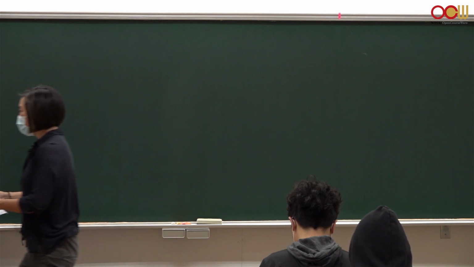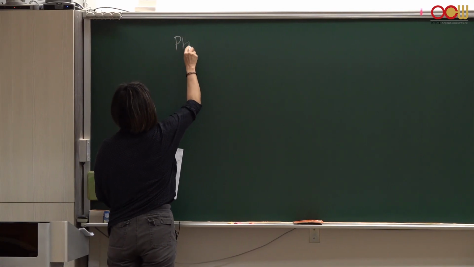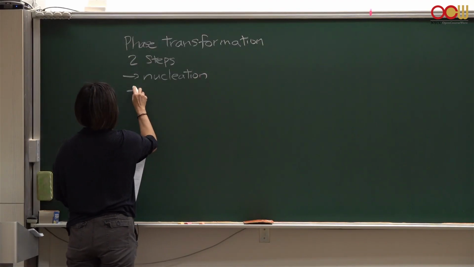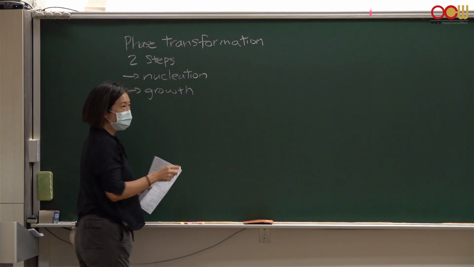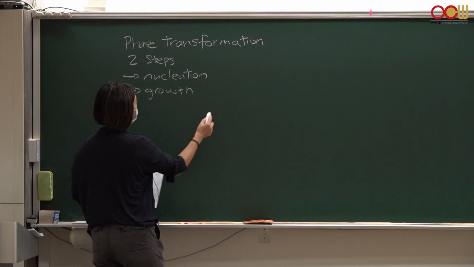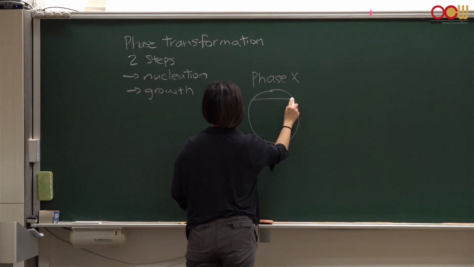Okay? So phase transformation has two steps: nucleation and growth of the new phase. And so if we look at phase, we have a phase X, and it looks something like this.